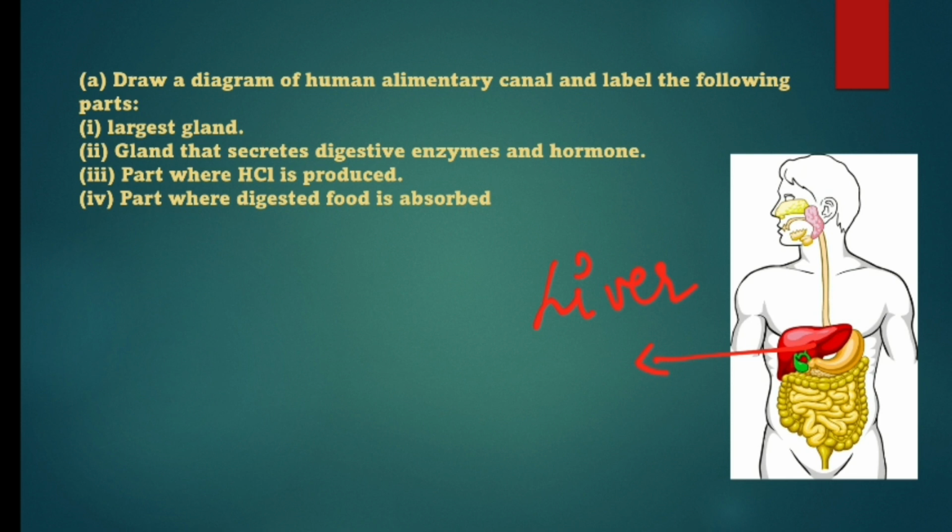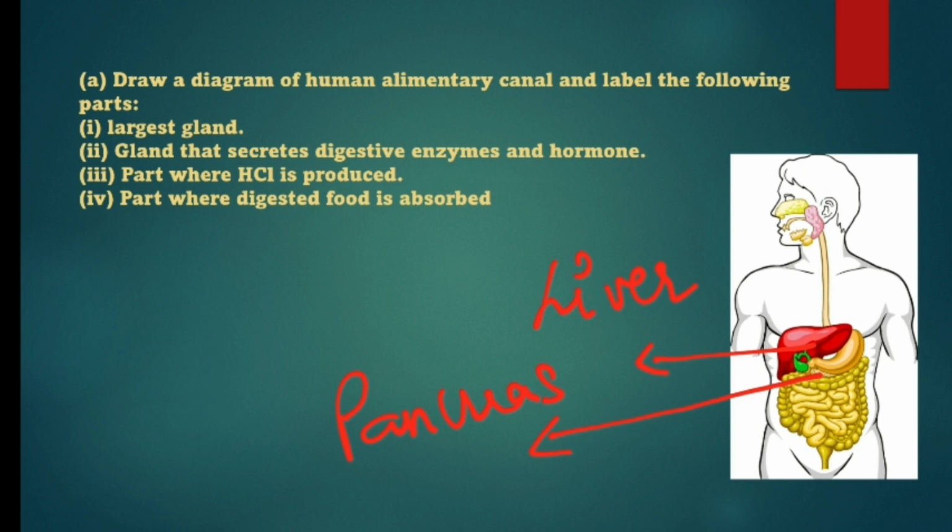Gland that secretes digestive enzymes and hormones. So which is the site that secretes both digestive enzymes and hormones? That is the pancreas. Alright, so the pancreas secretes both hormones and digestive enzymes. Part where HCl is produced.